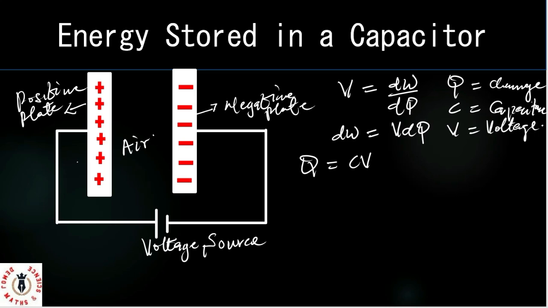This charge Q equals CV. My C here is a constant. A change in Q, dQ, will necessitate a change in V, so that this becomes C dV.